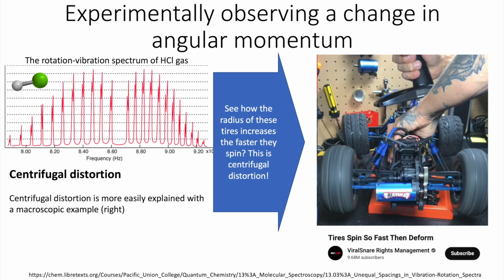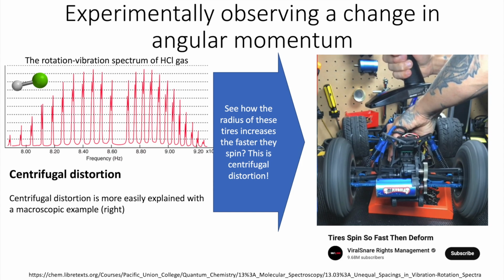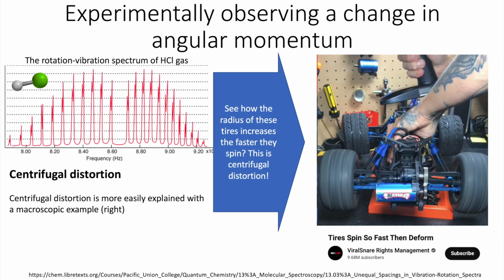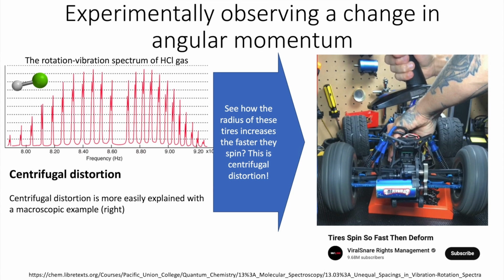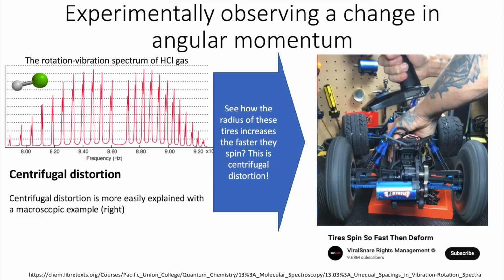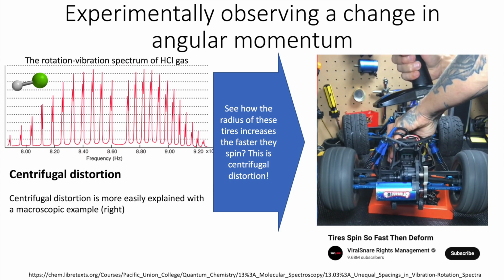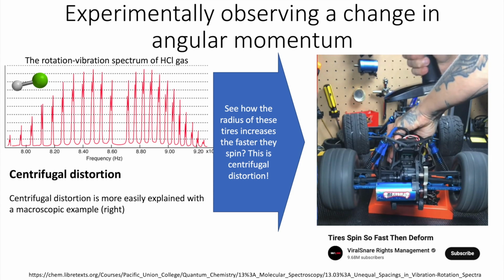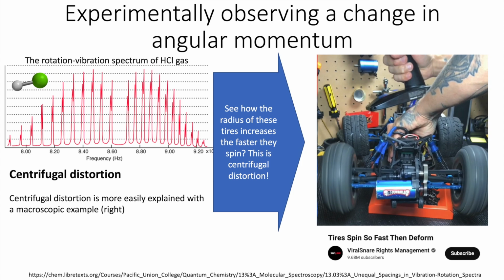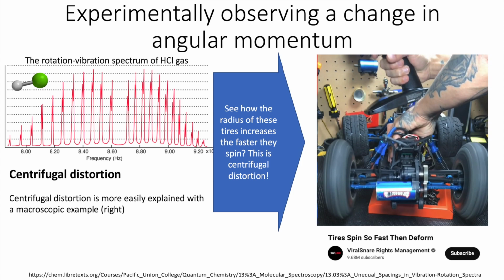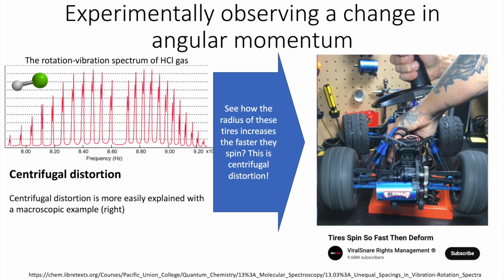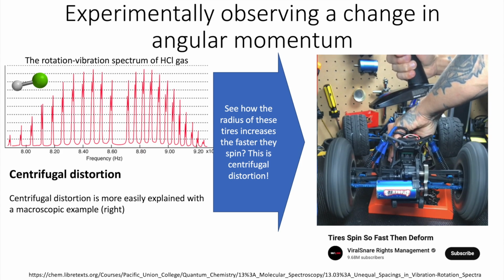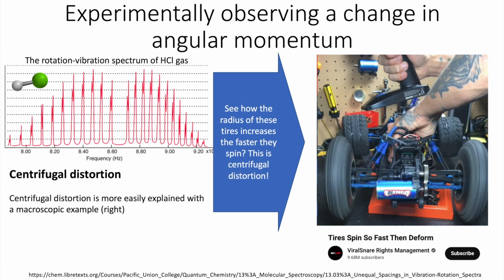If you were going to measure the radius of that tire, it's actually increasing with its angular momentum, right? So this is centrifugal distortion: the connection between the two masses is getting longer the faster it spins. So the rigid rotor is long gone now, right? We're talking about rotors that can stretch, and this is what centrifugal distortion is.